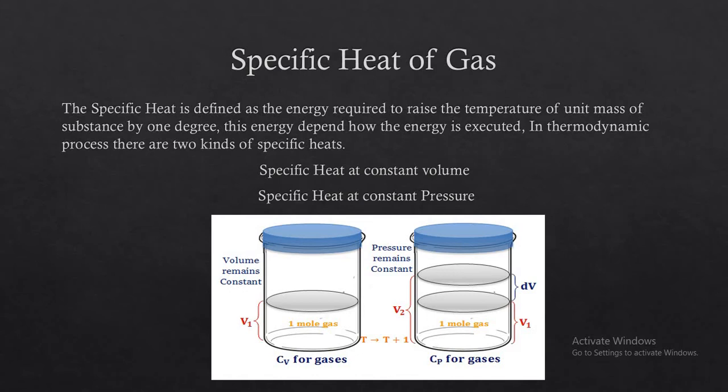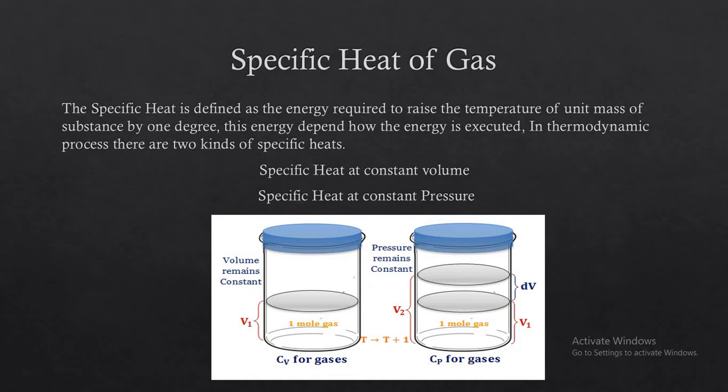In general, this energy depends on how the process is executed. In thermodynamic processes, we are interested in two kinds of specific heats: specific heat at constant volume and specific heat at constant pressure.